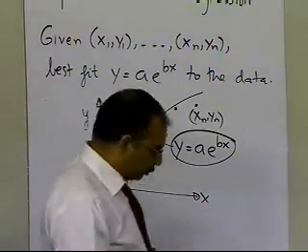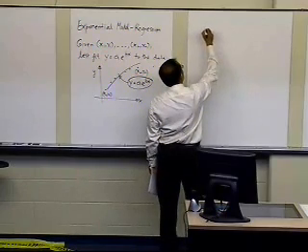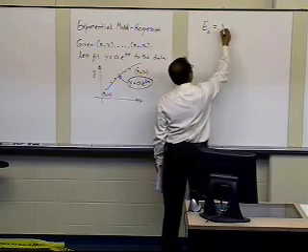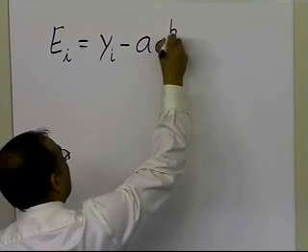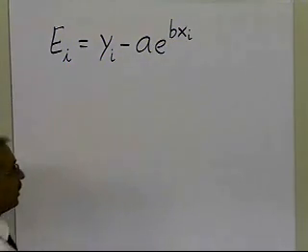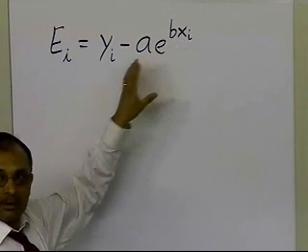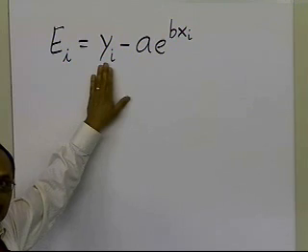So if we go back to the concept of the sum of the least squares, we have to first calculate what the residual is. The residual is simply the difference between the observed value and the predicted value. If you are looking at a point xi, for example, the experimental value given to you is yi.